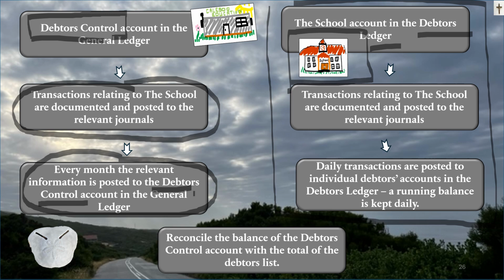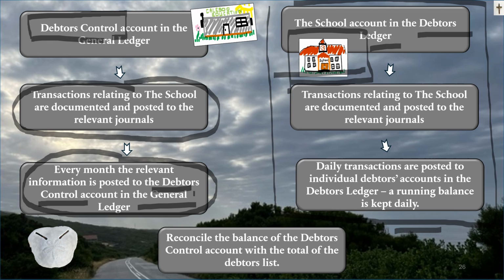Remember, the control account is a summary of all the individual debtors. Caleboo Education at this stage has only one debtor, and we see now this debtor went into liquidation. So the balance of the control account should be equal to the balance of the debtor's ledger.